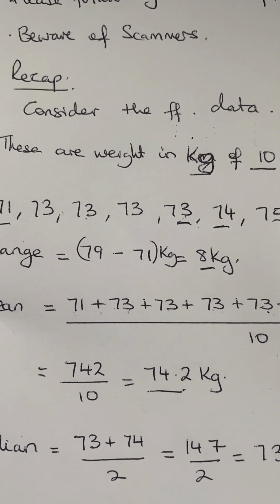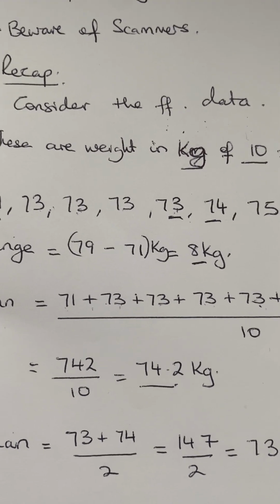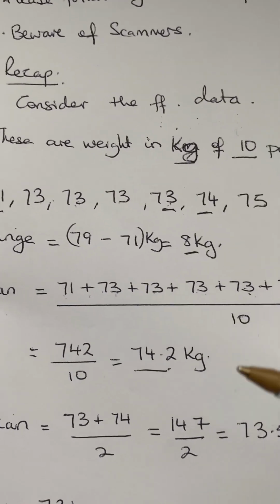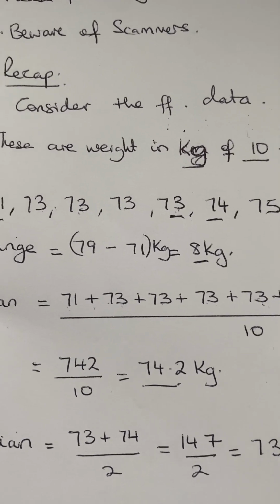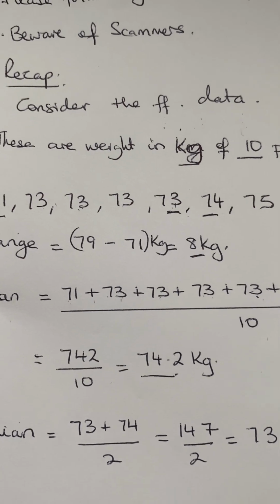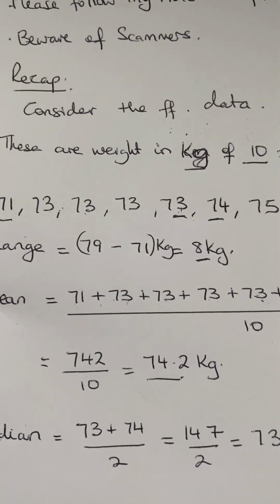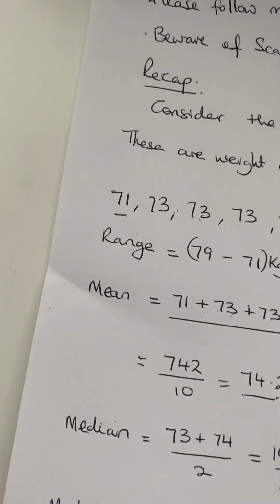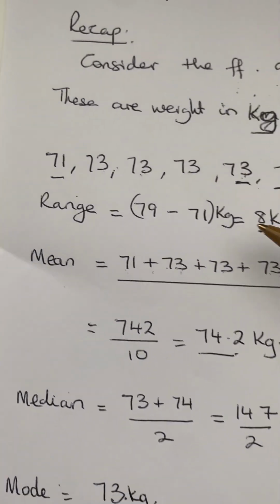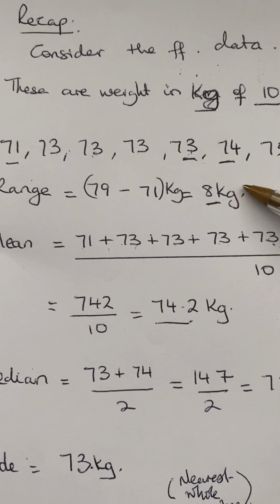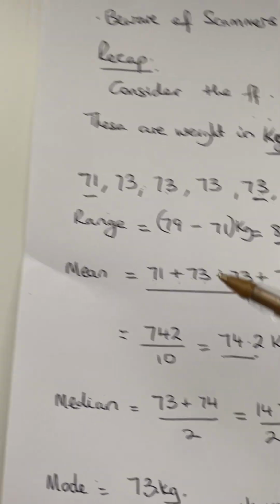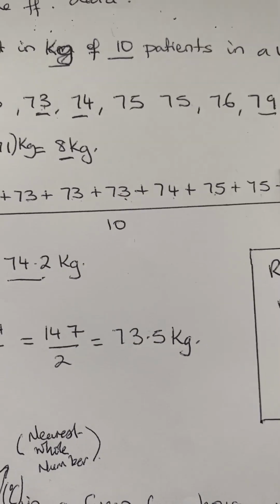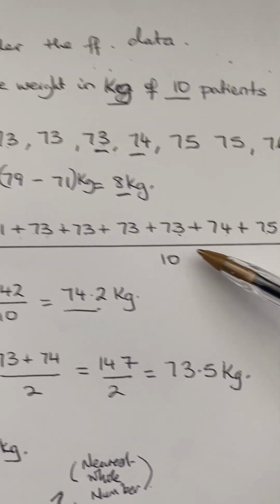If you are doing maths, use a calculator, so that by the time you get to the exam room, you are very used to it, and it will save you a lot of time. Okay, so I've just told you what the range is. The mean is the 10 patient weights divided by 10.